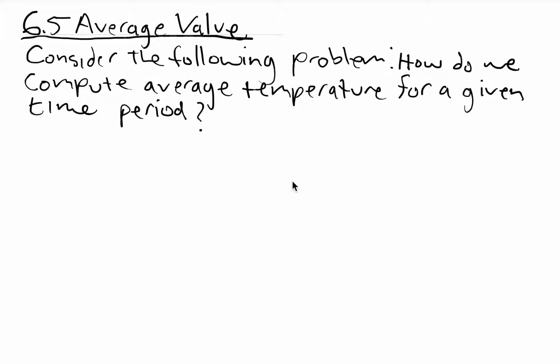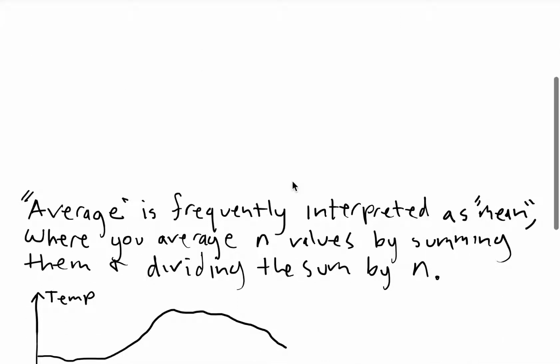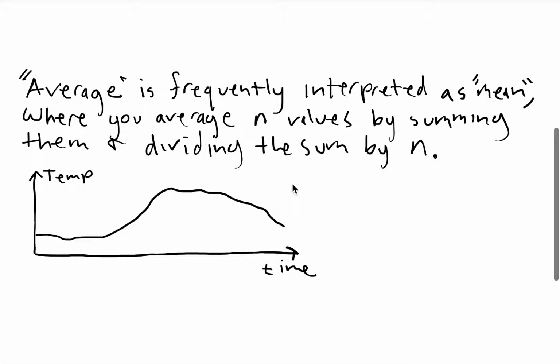Part of the reason I pose this as an interesting question is that usually when we say the word average, it's interpreted as statistical mean. I'm sure you've computed this before: you average n numbers by adding them all up and then dividing by n. So if I wanted to average 5 numbers together, I would add them all up and then divide by 5.